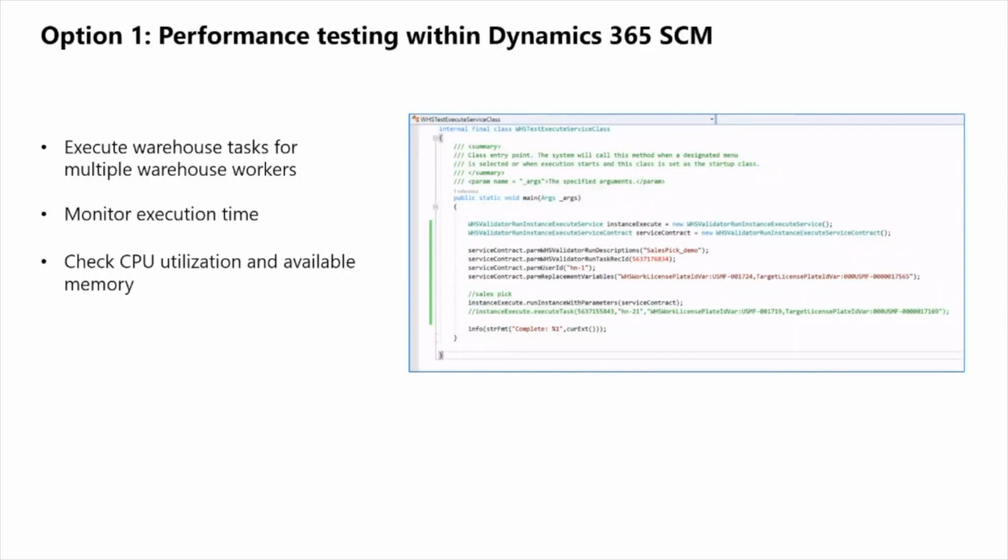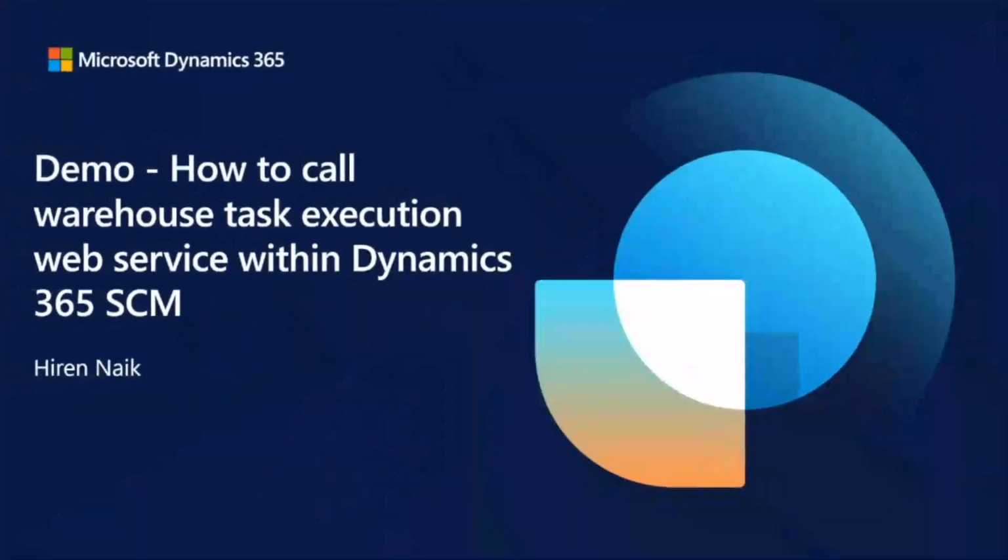You will be able to capture and review execution time for a specific load, specific warehouse transactions, and a specific step. You will still be able to monitor performance of the system in terms of CPU utilization and memory availability. In the screenshot you can see a sample class showing how to call the web service to execute a specific warehouse process. Let us see a demo of how to call a web service within Dynamics 365 SCM.